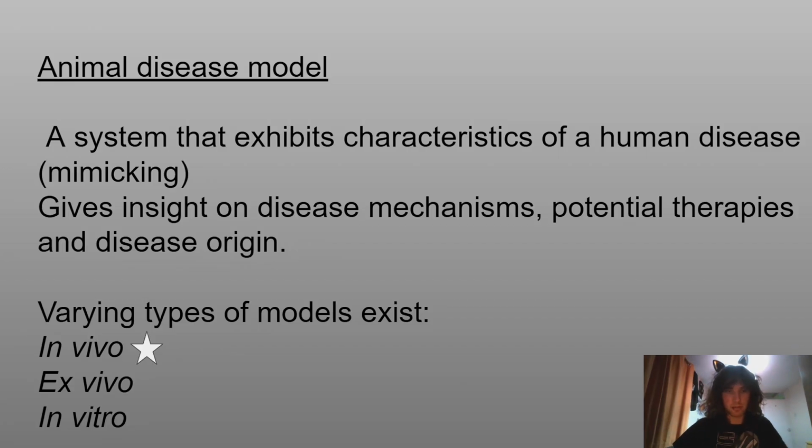There are varying types of models that exist, but today we'll be looking at in vivo, which is using whole organisms to study diseases. There's also ex vivo, which is taking tissues out of an organism, and in vitro, which is specific cell lines or culture lines.